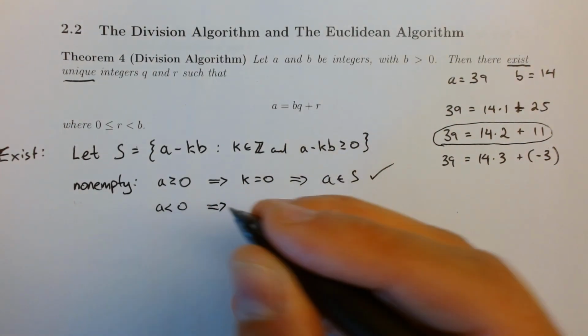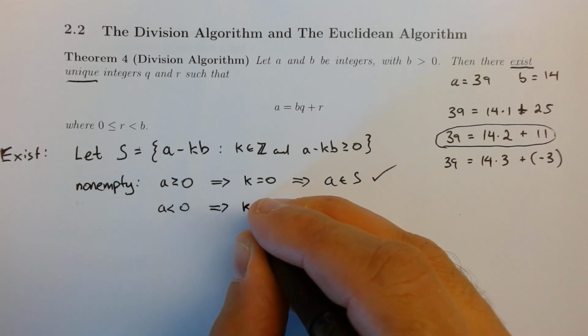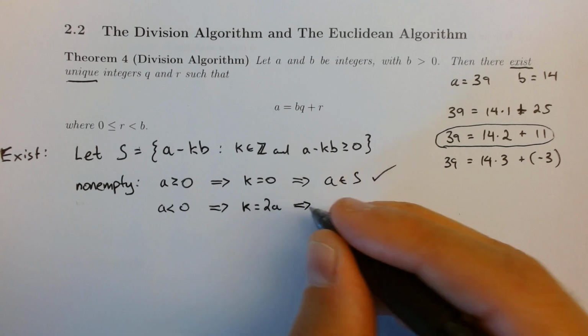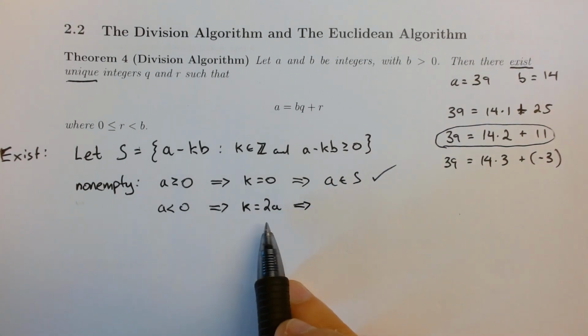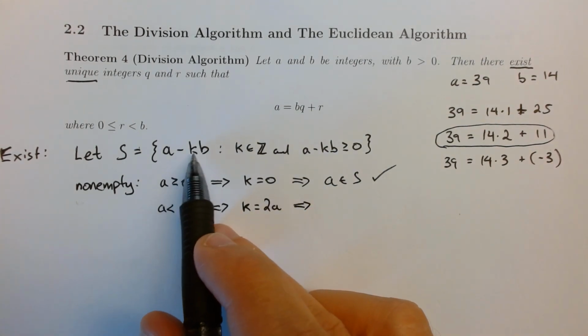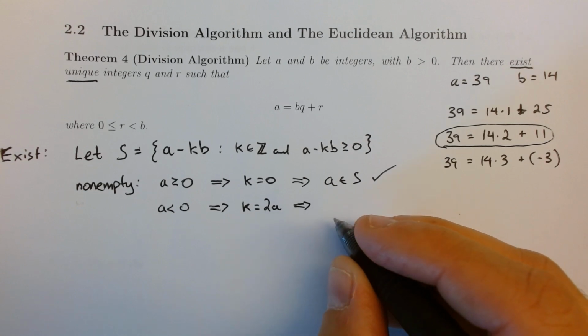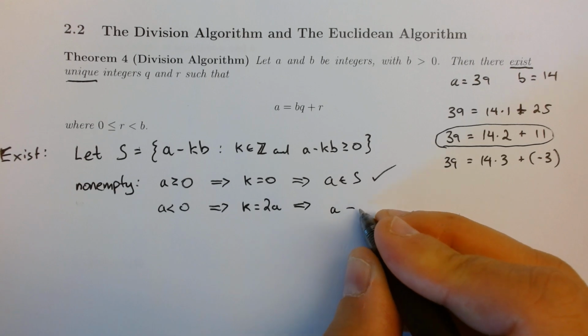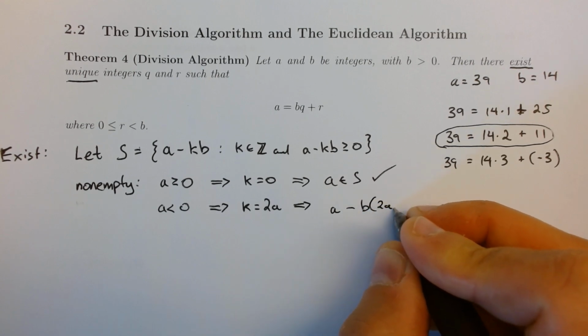There are many options, of course, but maybe the easiest option is just pick k to be 2a. And let's see why that works. So if k is 2a, put that in for k. So you have a potential element in this set of a minus b times 2a.